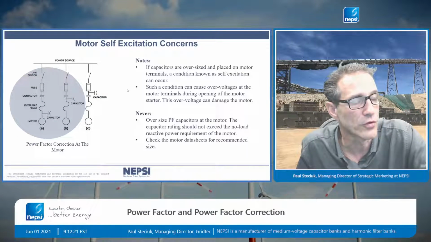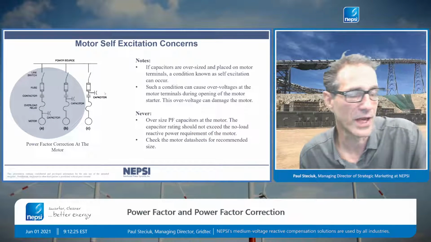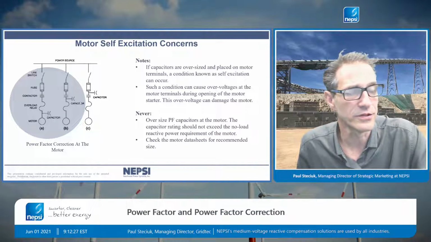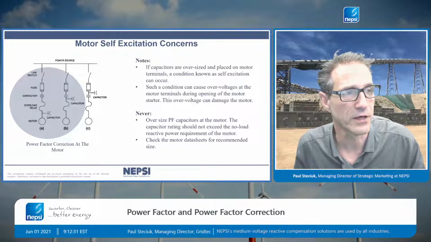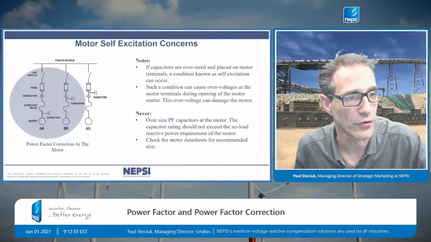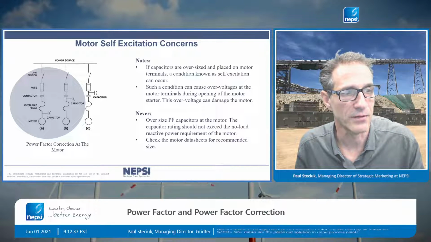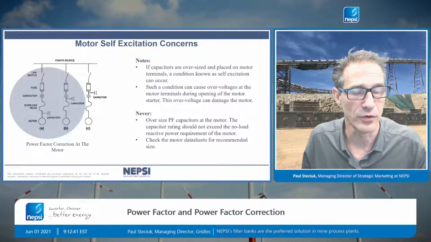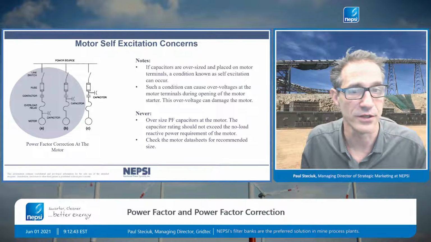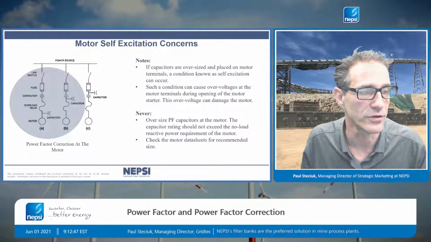So motor excitation, I won't get into that too much because it really doesn't happen nowadays. But essentially what we're trying to prevent is too large of a capacitor bank being applied at the terminals of a motor. You cannot overcompensate a motor at the motor terminals. It will put the motor into a self-excitation condition and can overvoltage and actually fail the installation in the motor itself.